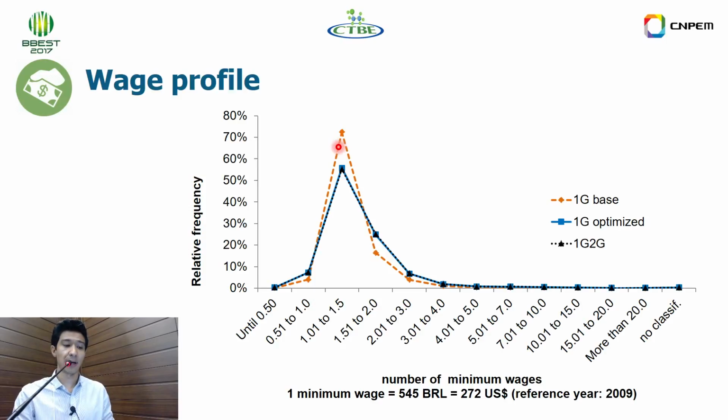And the 1G base is the orange dotted line. What we see is that the number of minimum wages of the average worker moves slightly to the right, which means that the expected wage of workers of these advanced supply chains is a little bit better because of this slight change here. Basically, when you consider outdated technologies, the average wage is around 1 to 1.5 minimum wages.